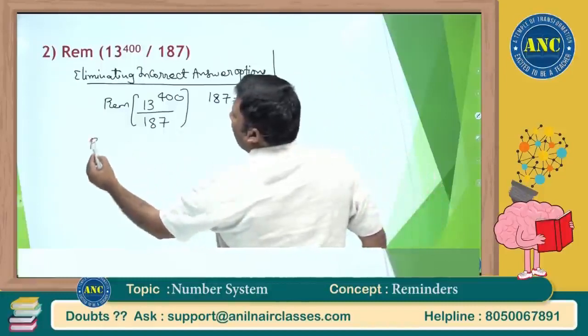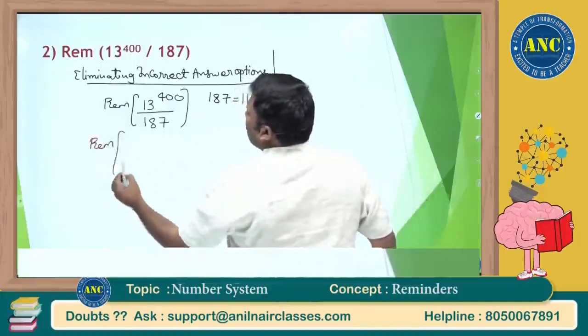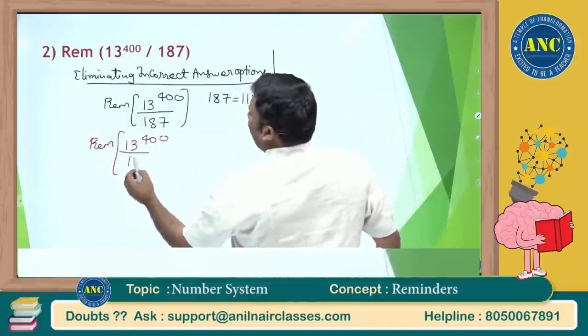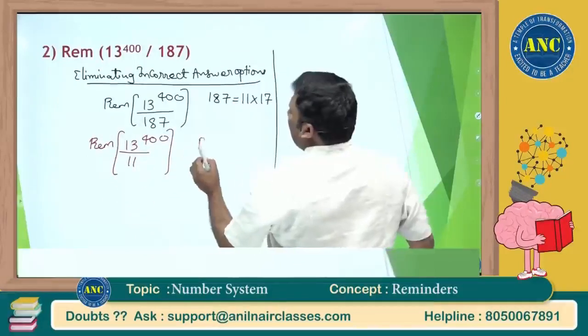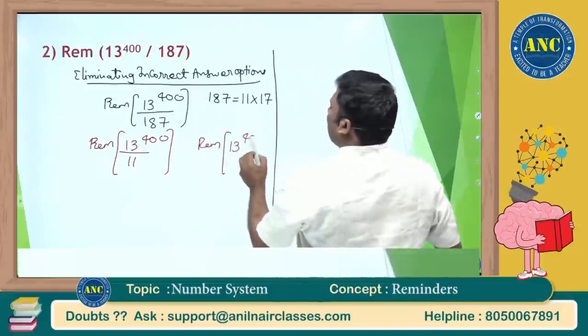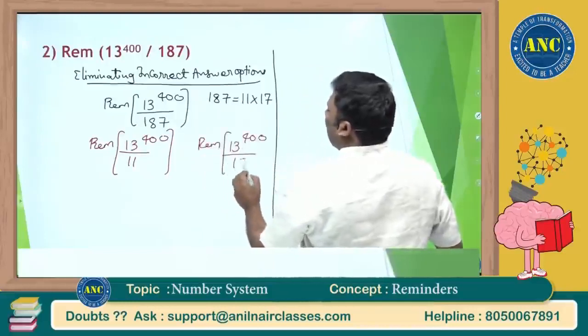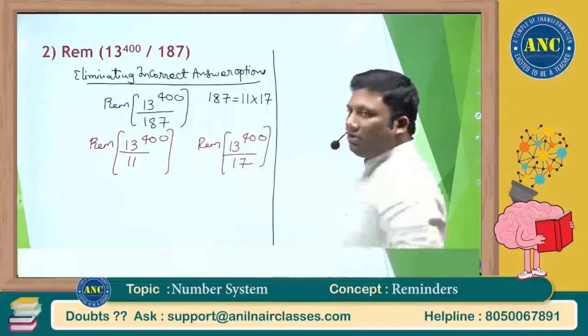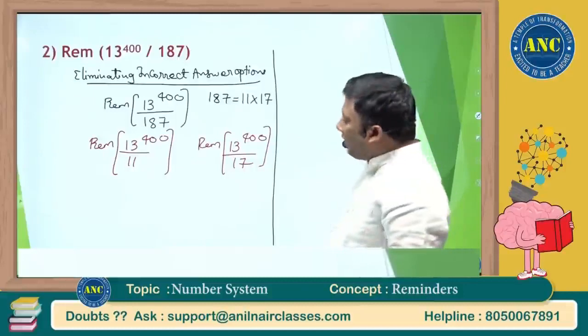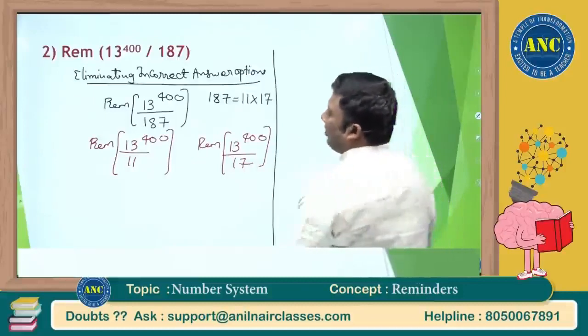So first do it with 11: 13 power 400 divided by 11. Then do it with 17: 13 power 400 divided by 17.